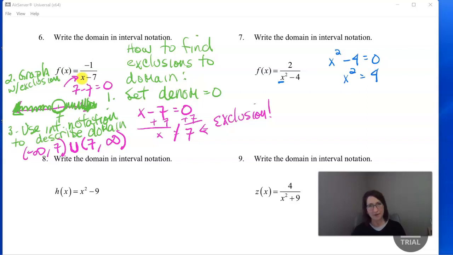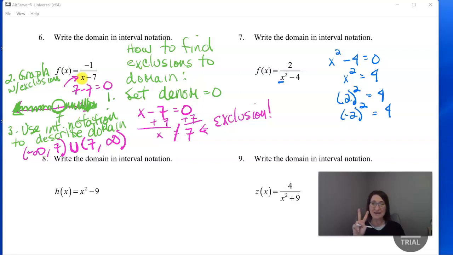So now I think about this. What number can I raise to the second power that's going to equal 4? Well, there are 2 of them. I can take 2 and raise it to the second power. That's going to be 4. I can also take negative 2, raise it to the second power, and that'll be equal to 4.